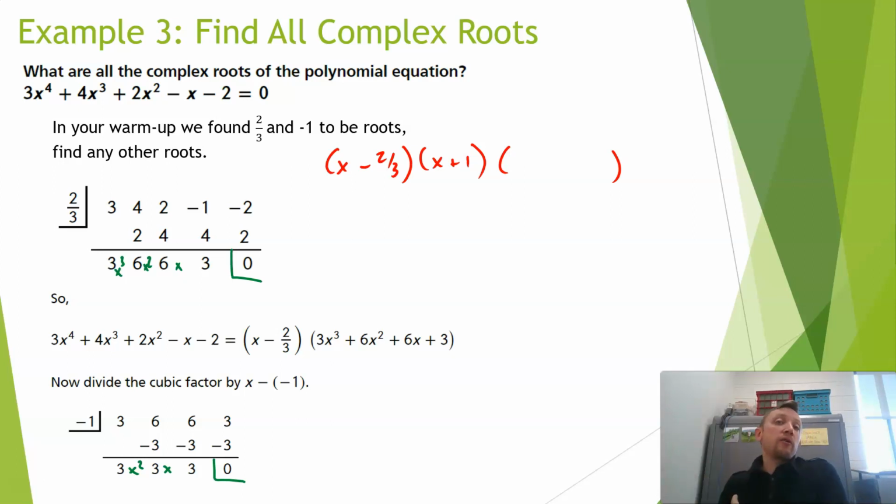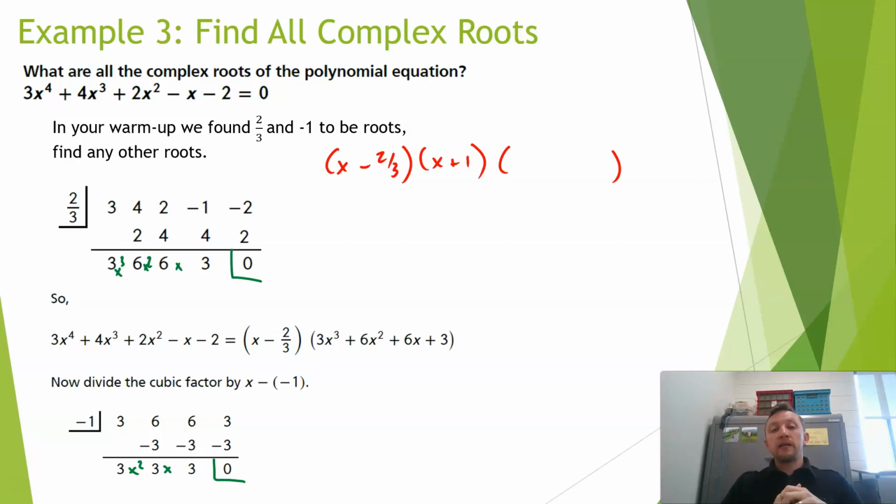But remember, we have one other root here that we could use. We have that -1. And so what we're going to do now is use that -1 to break down that smaller piece even smaller. So the answer that we just got, the 3x cubed plus 6x squared plus 6x plus 3, we're going to break that down further. So that's what they're doing there at the bottom. So we would have -1 as what we're dividing by into each of those pieces.